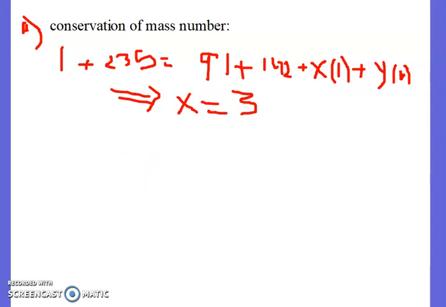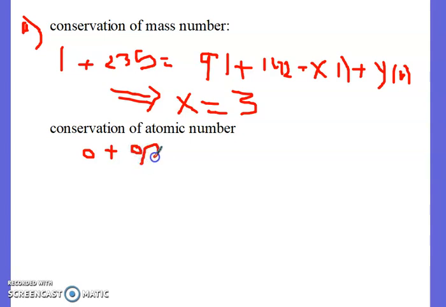Okay? Similarly, conservation of atomic number, you get 0 plus 92 equals 40 plus 58, plus x into 0, 0, plus y into minus 1, is minus y, okay?